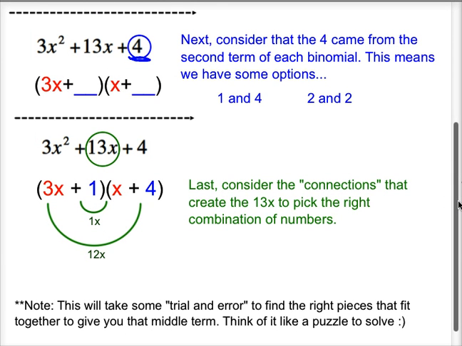So it's the connection of the 1 and the x and the 3 and the 4. It's that connection that ends up giving you the 13x, because 1x plus 12x gives you the 13x. That's why I started talking about that in the previous notes, because that mentality is going to help you for today.